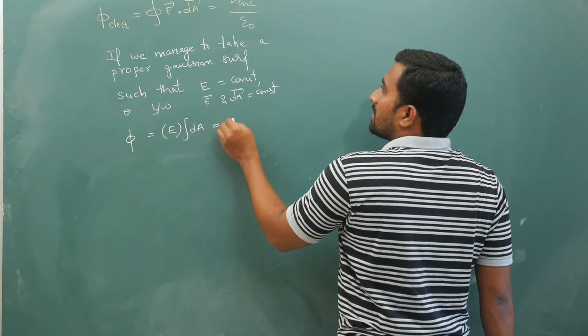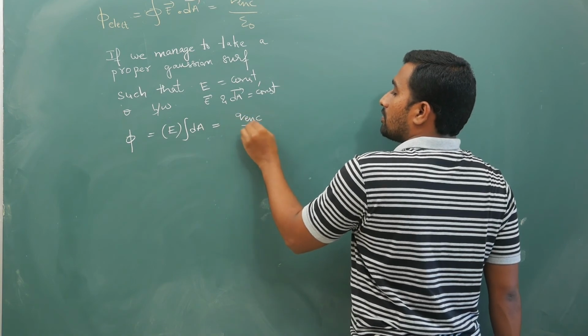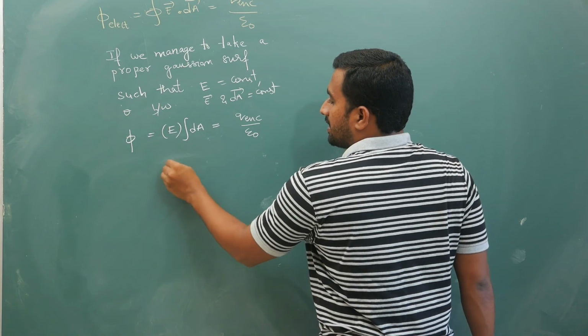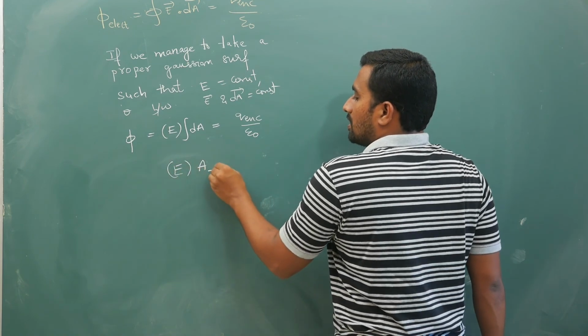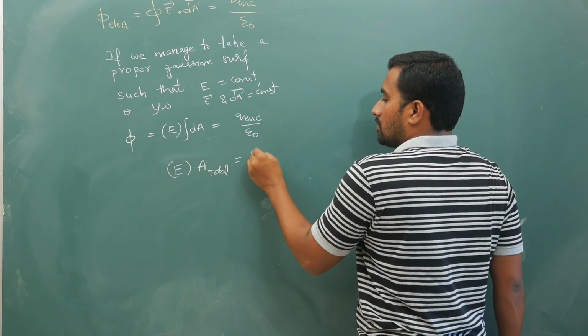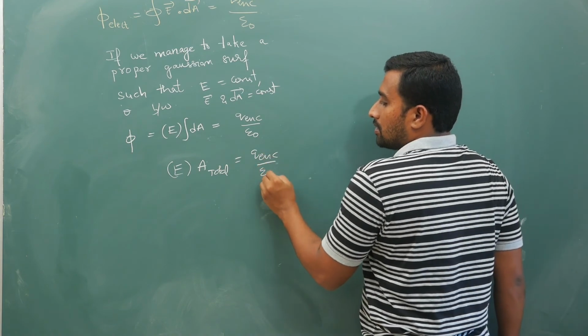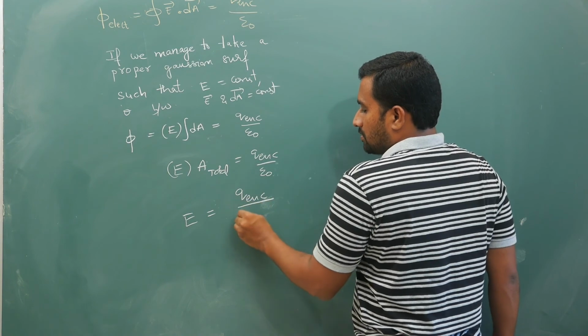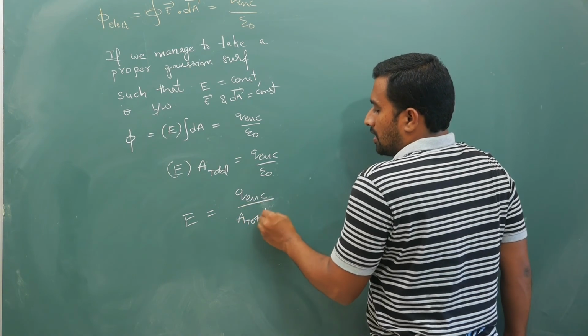So E times integral dA is equal to Q enclosed by epsilon naught. That gives E times the total area is equal to Q enclosed by epsilon naught, so E is equal to Q enclosed divided by A total times epsilon naught.